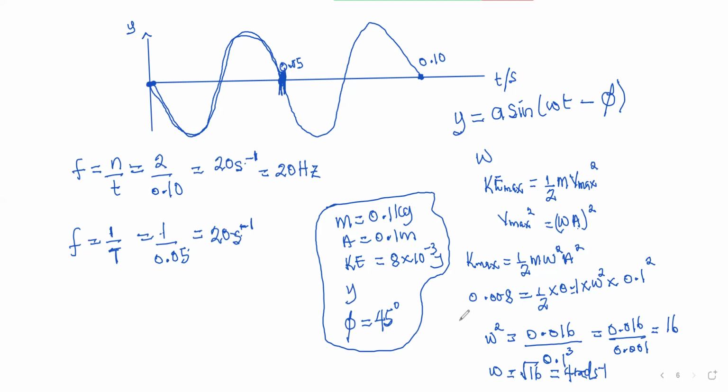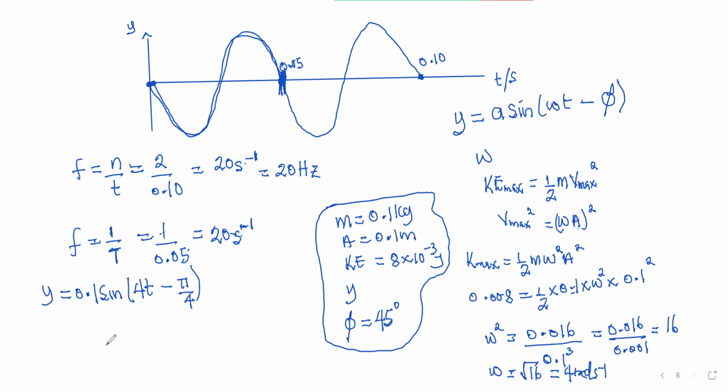Once we have omega, we are good to go. Our wave, therefore, will be y equals 0.1 sine of (4t minus pi over 4).